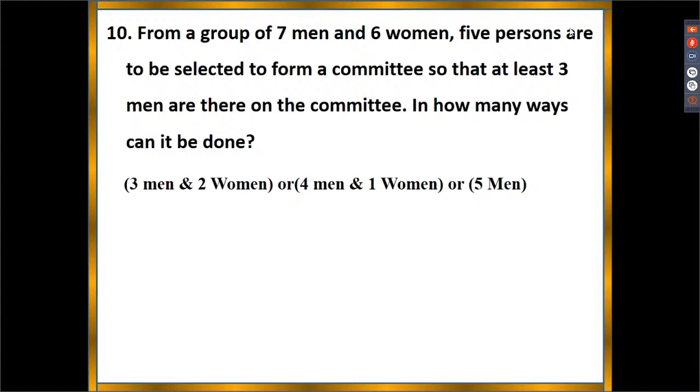Out of that, you have to take only 6C2, and 'and' means into, 'or' means plus.